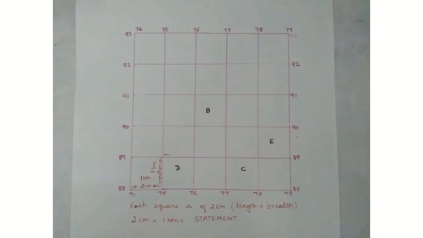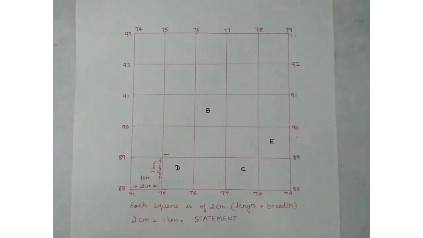So how much is 2 centimeter of the map representing on the ground? 1 kilometer. That also I have written. So if you have to find the area of this particular square, then you will be calculating it in kilometers. So 1 into 1 kilometer will be 1 kilometer square.